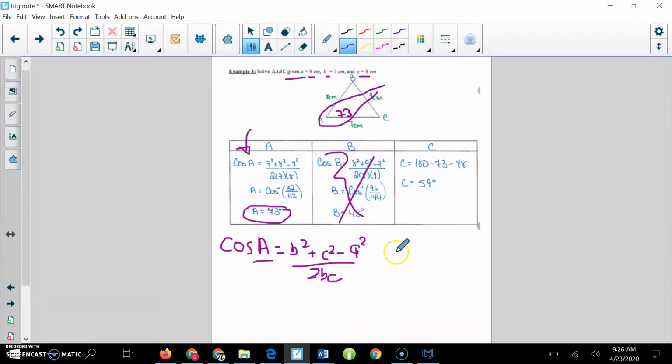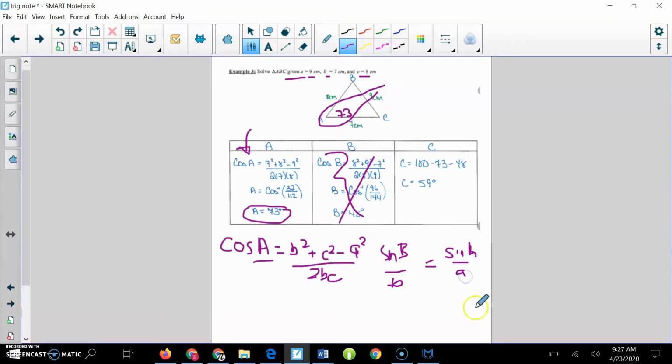Now I have a pair. So if I want to find B, I'm going to write big B first. And because I have a pair, I can use sine law. I'm going to write sine B. And remember, with sine law, it's something over something equals something over something. Sine B is going to go over little b, and the pair I have are the a's, so I'm going to sub in sine A and little a.